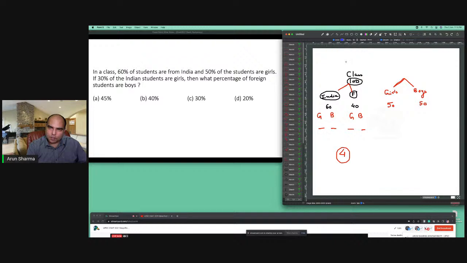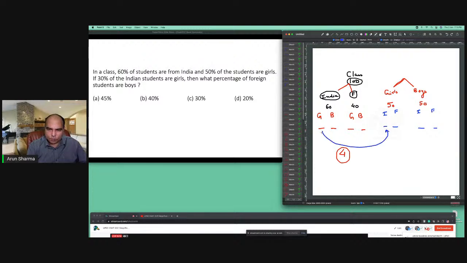The same four numbers also get represented when you talk about Indian and foreign: girls Indian, girls foreign, and boys Indian and boys foreign. So you have to understand the link between this number and this number.